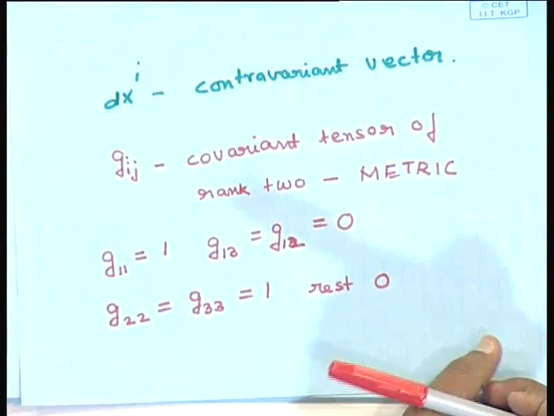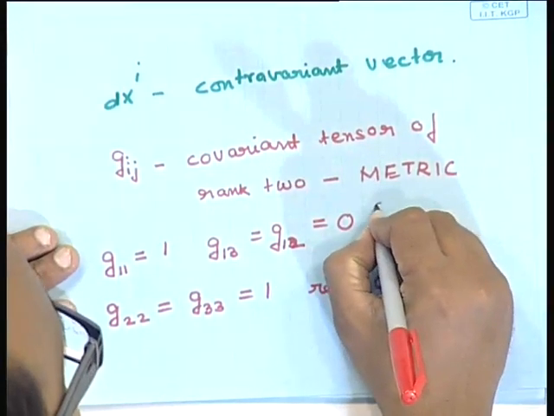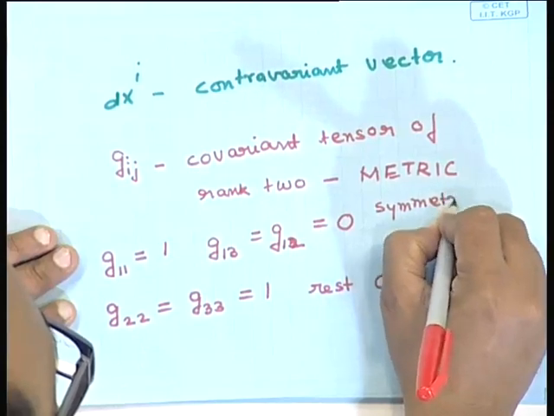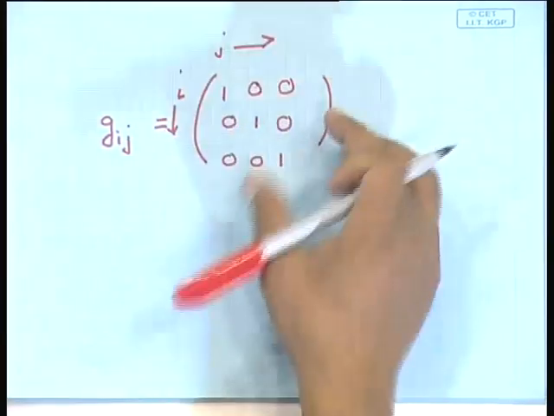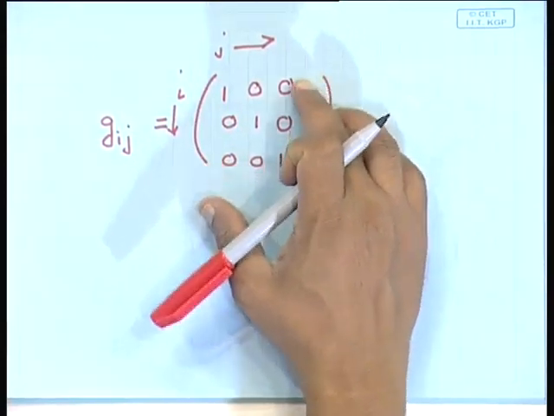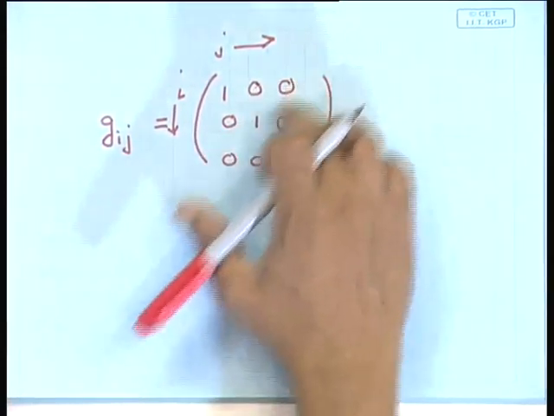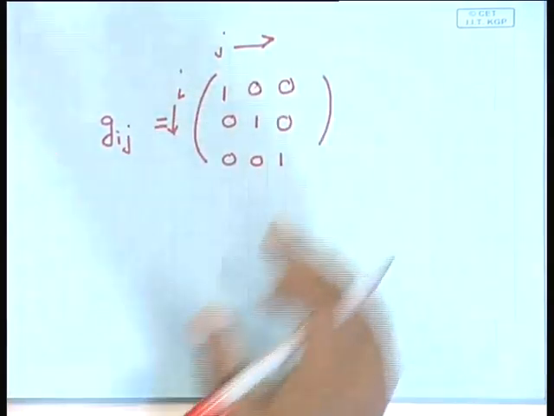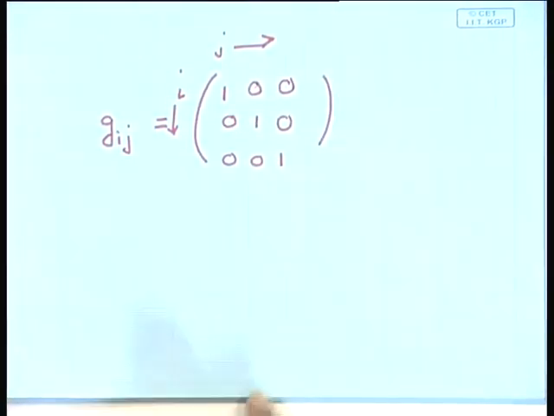Okay, so this is the metric. It is symmetric. In terms of the components, it means that if I interchange the rows and the columns, if I just flip it around the diagonal, the matrix remains the same.